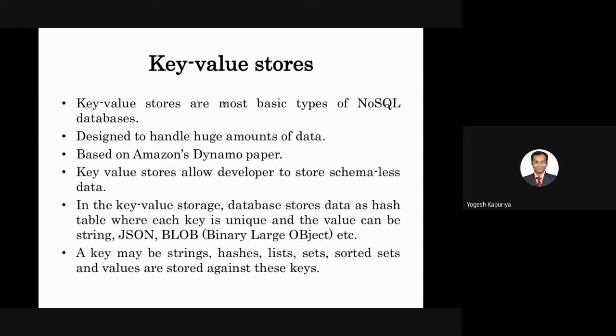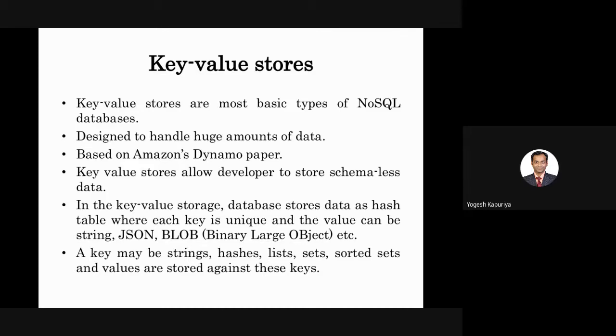First is a key value store. Now imagine that your entire table in a database is represented in the form of key and value, where the key is unique throughout the record set, and value can be any value. It can be any JSON object, it can be any blob object as well, binary large object.